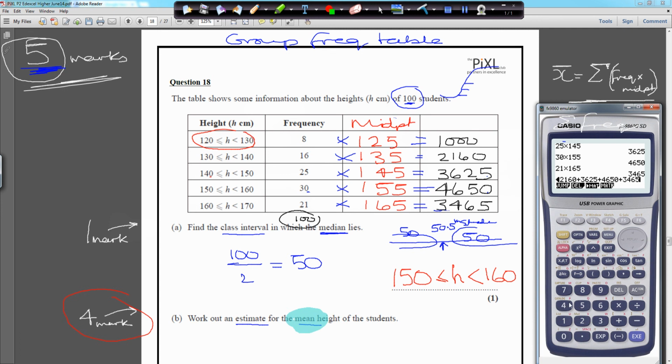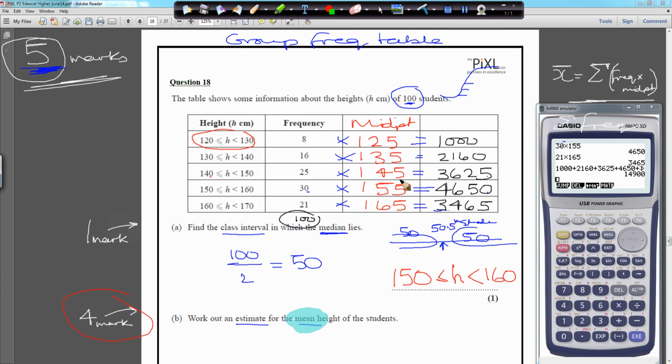Let's double check those numbers: 1000 plus 2160 plus 3625 plus 4650 plus 3465. Excellent, lovely. That gives us 14900. Let's write that down.